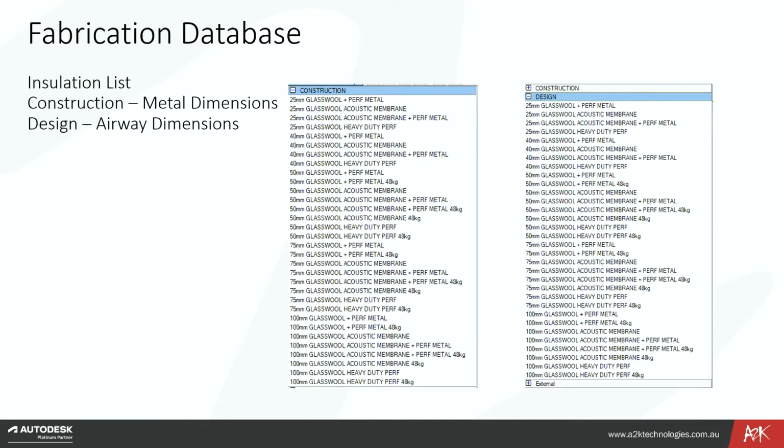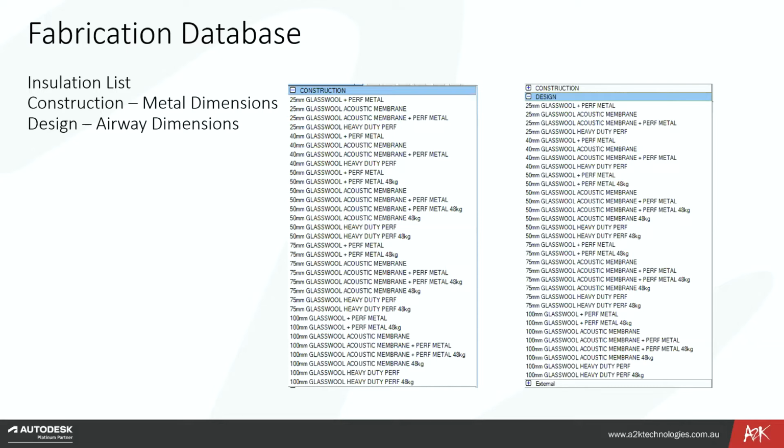Why are there two groups? There's a reason behind having two groups. There are some designers that prefer to work by airway. So the design group, when you use this insulation specification, will model per the airway, and the construction group will model per the metal.